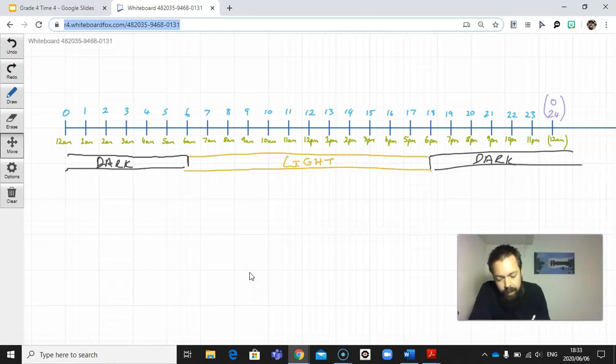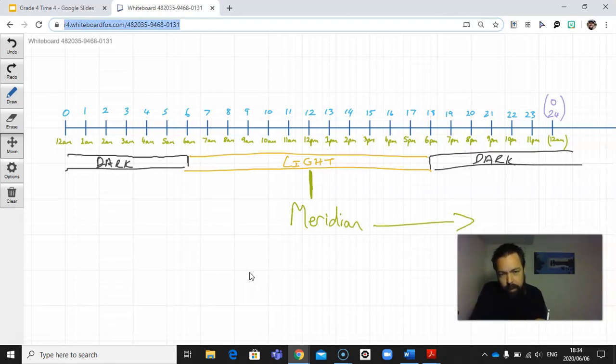But when we're looking at AM and PM, here is the middle of our line, the meridian. And here we are post-meridian, post meaning after, or PM.